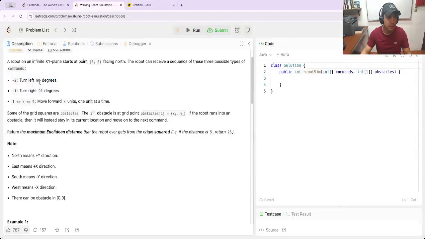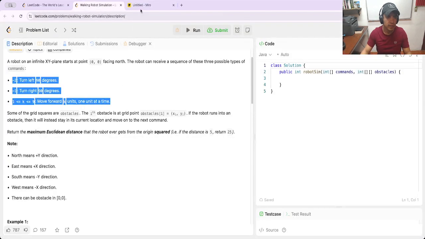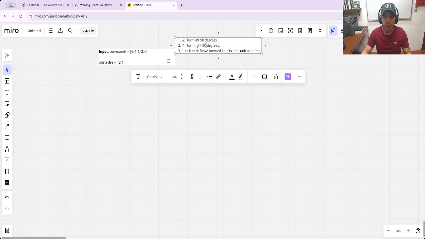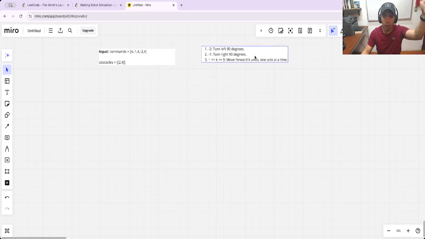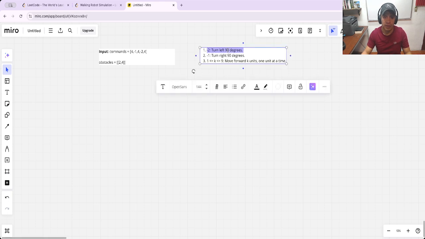Basically, every positive number means keep walking in this direction, and the other means turn left 90 degrees.